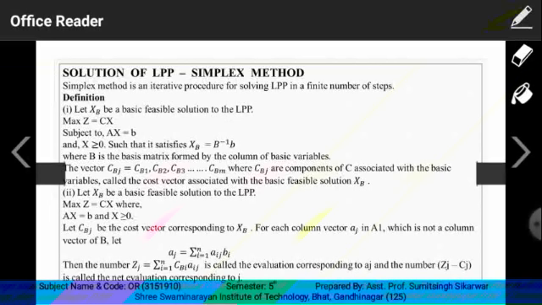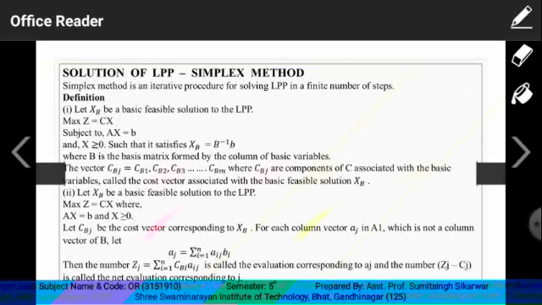Now this simplex method is an iterative procedure for solving LPP in a finite number of steps, which indicates that it provides an algorithm which consists of moving from one vertex of region of a feasible solution to another vertex in such a manner that the value of objective function at the succeeding vertex is less or more, whichever may be the case, than at the previous vertex.